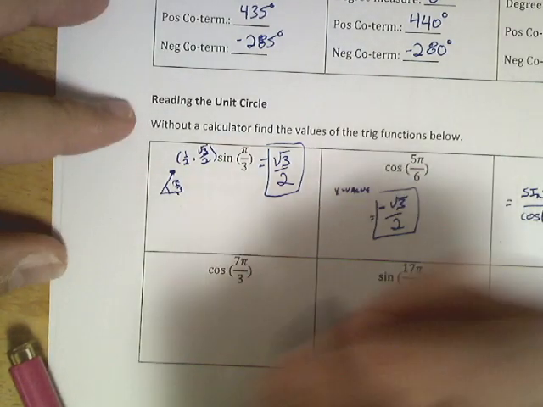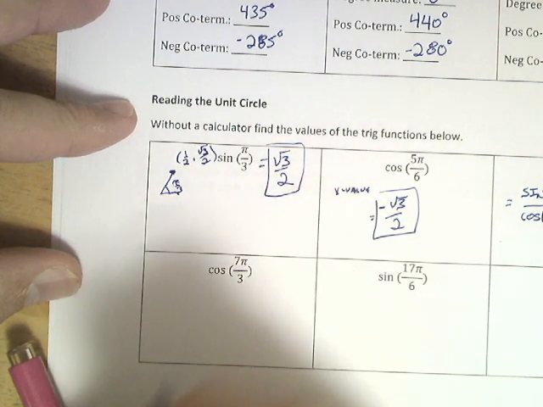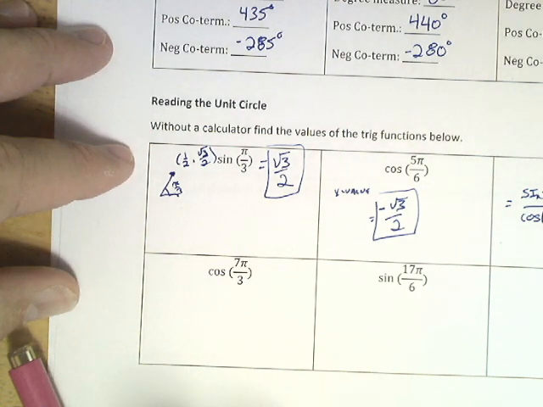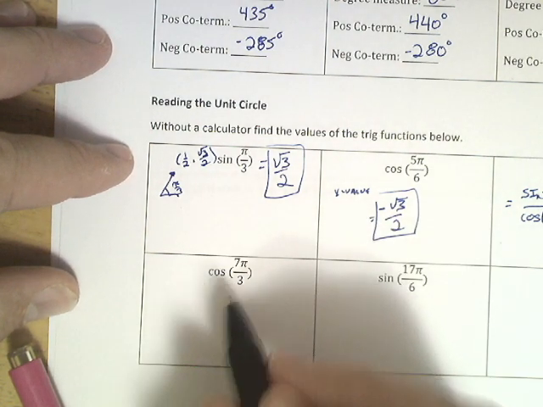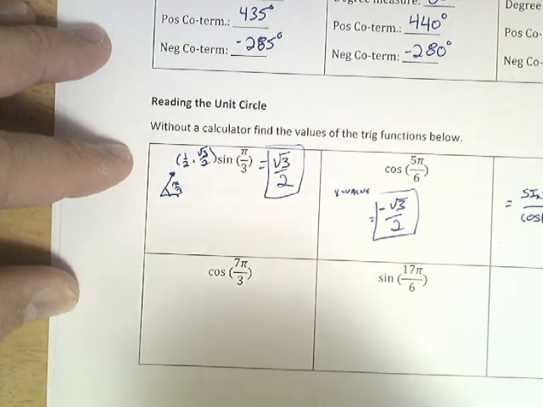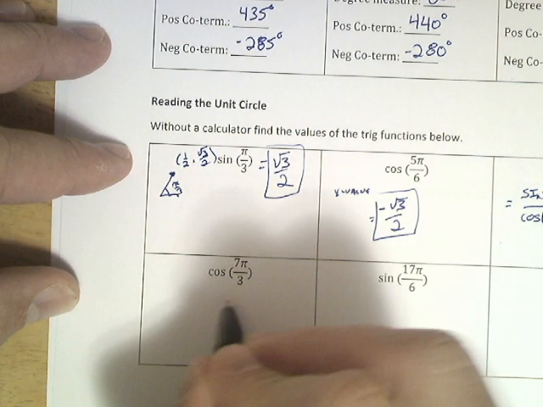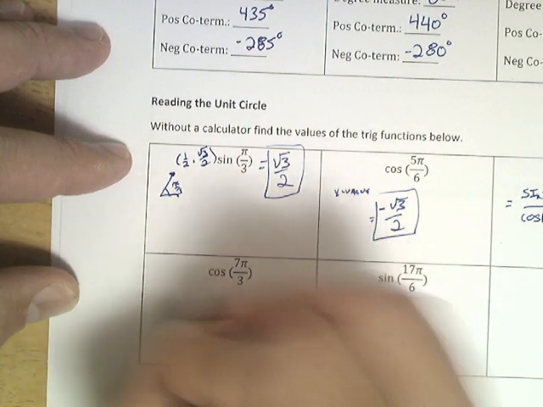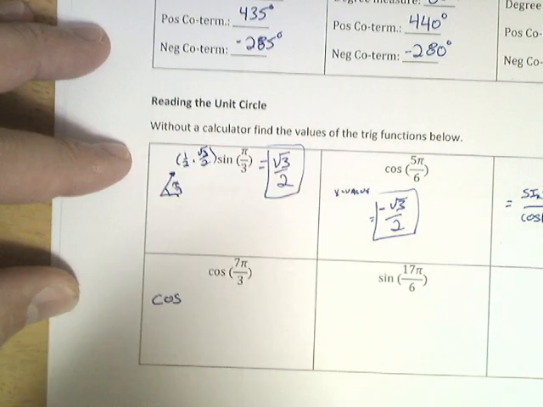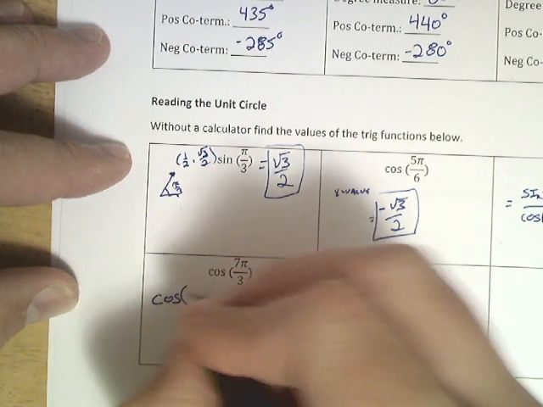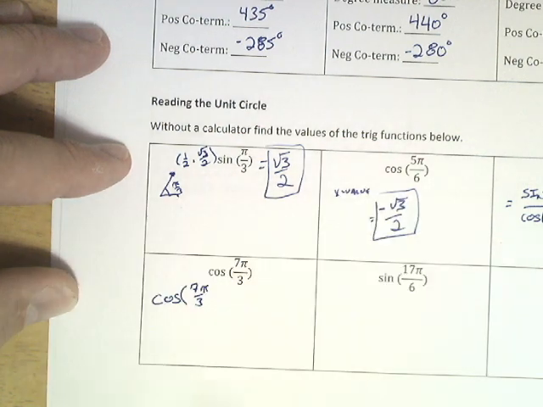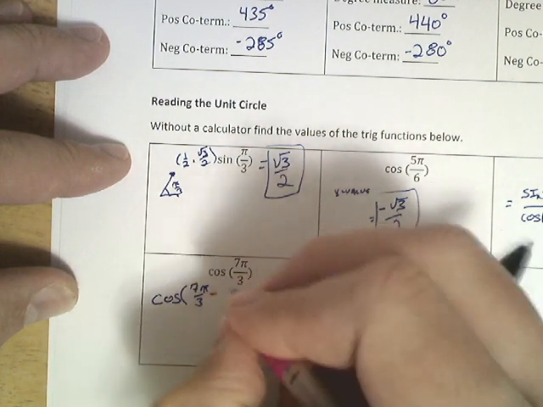Now we have 7 pi over 3. So 7 pi over 3 is bigger than 2 pi. It's not on our unit circle. So what we need to do is find a coterminal angle. If two angles are coterminal, they will have the same trig functions. So what we're going to do is, this is too big, so we will do cosine of 7 pi over 3, and we are going to subtract 2 pi.